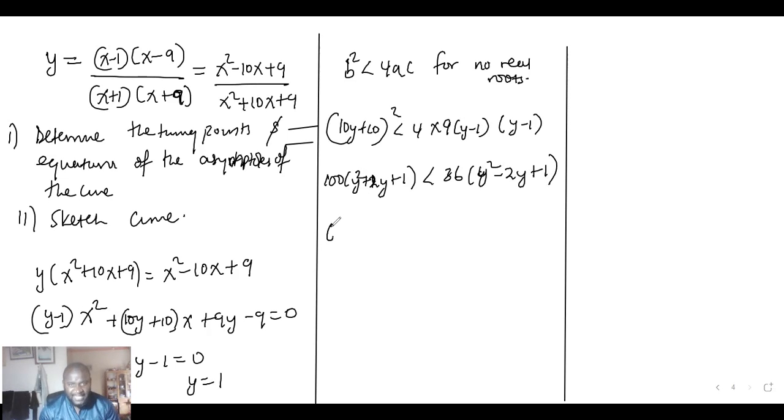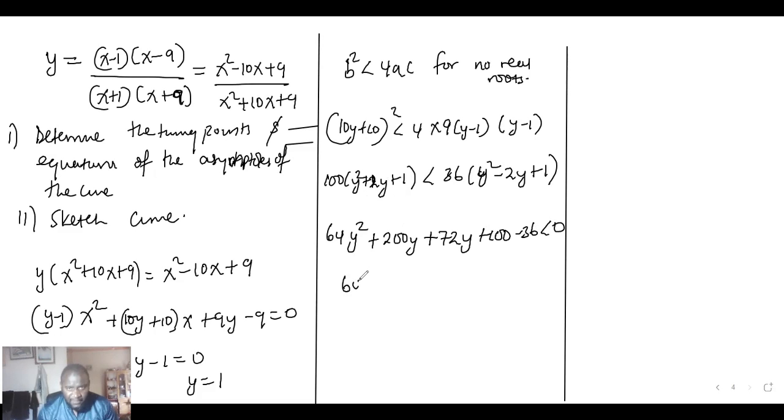Algebra, we shall get 64y squared. This is a negative 72. It crosses over. We shall get negative 72. When it crosses over, it becomes a positive. Then this is 200y plus 72y plus 100 minus 36 is less than 0.